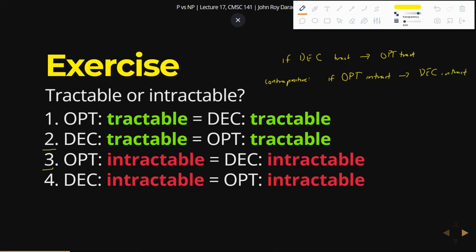Okay, so remember contrapositive. If A implies B, the contrapositive is if not B, then not A, and these two are equivalent statements.